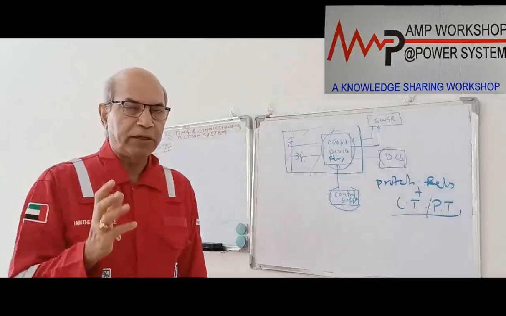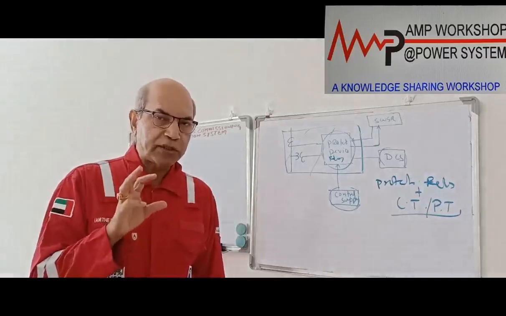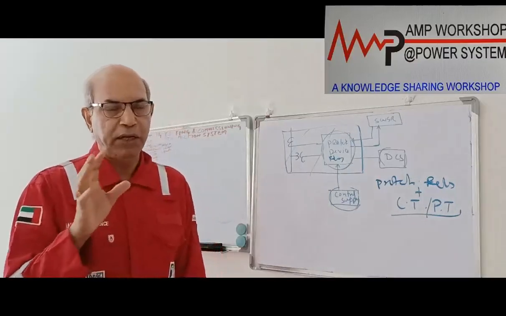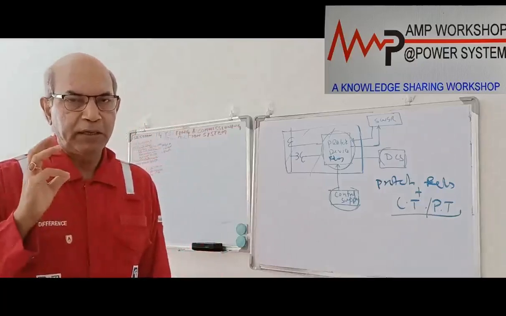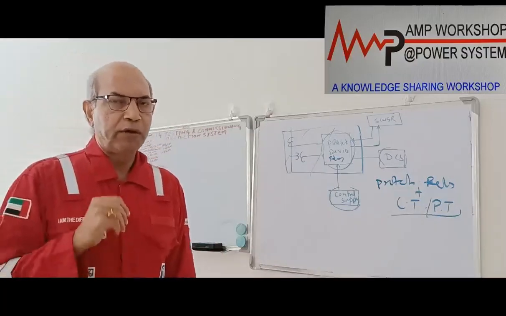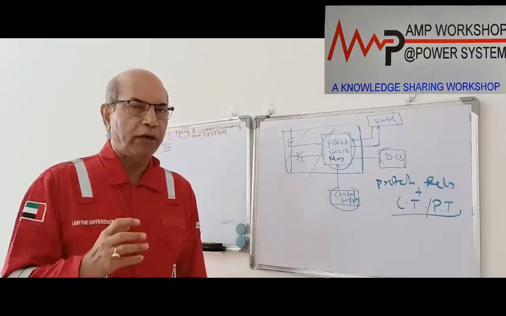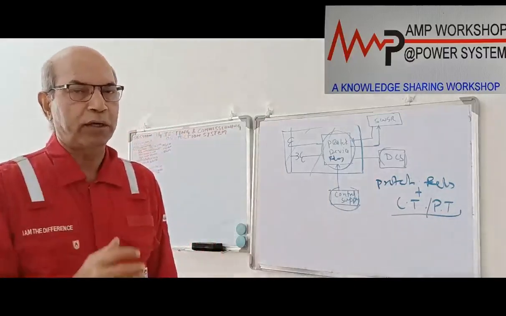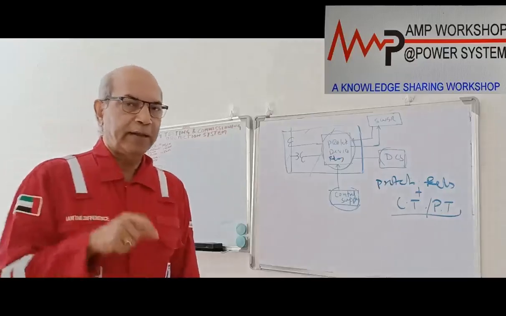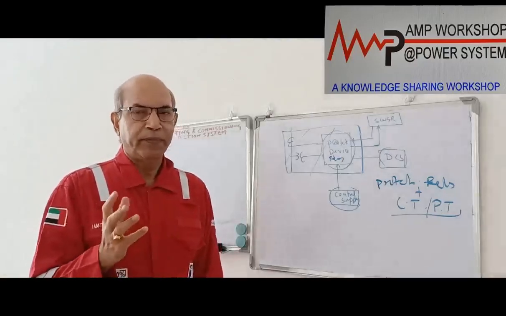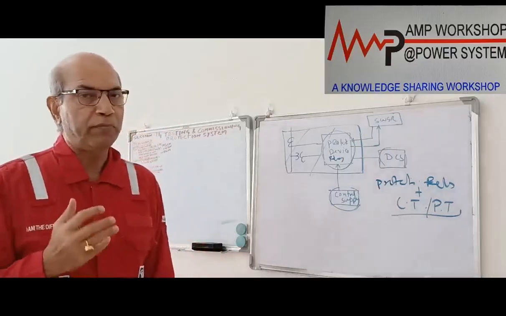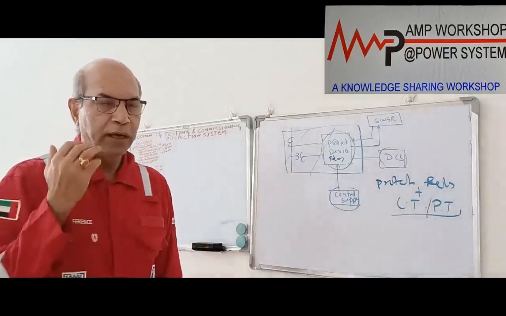In normal condition, we do not know whether the protection system is healthy or not. There may be some indication, but we cannot monitor actual performance. Actual performance will be identified only when it needs to work, that means when there is a fault. But if it does not work at that time, it has no meaningful existence in the power system.